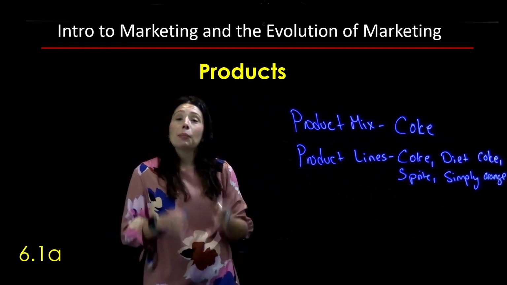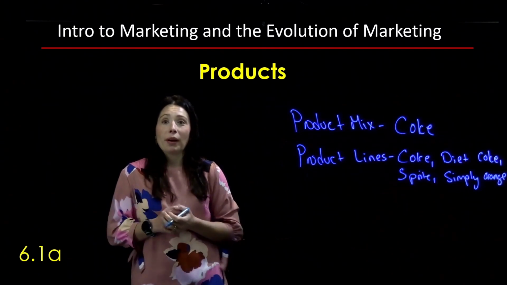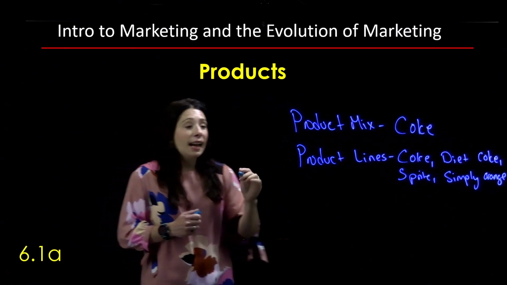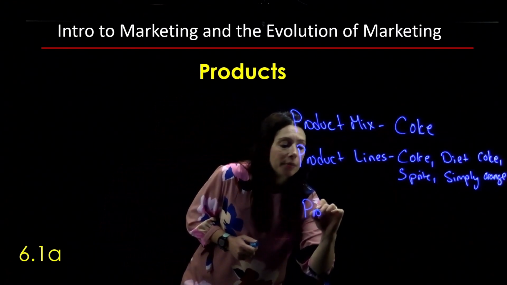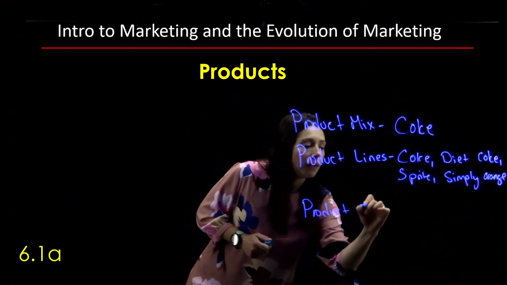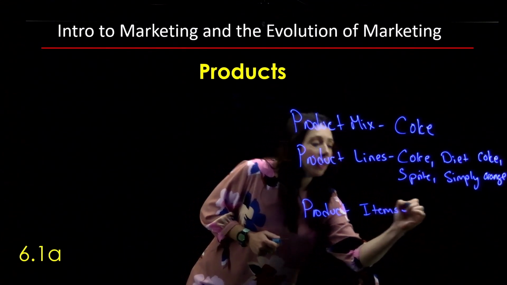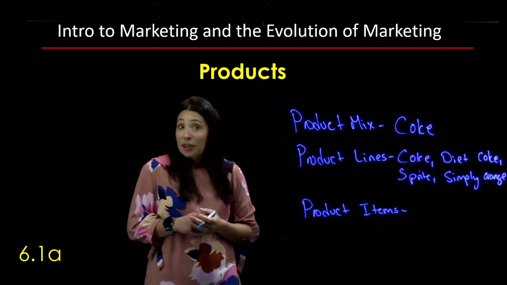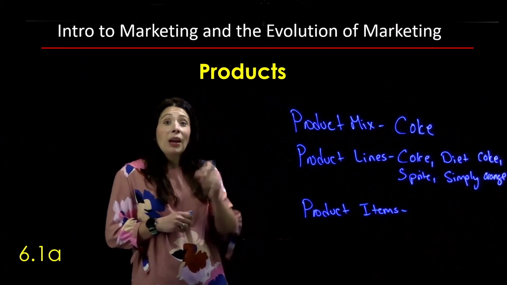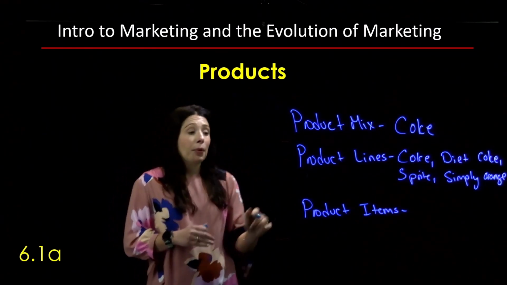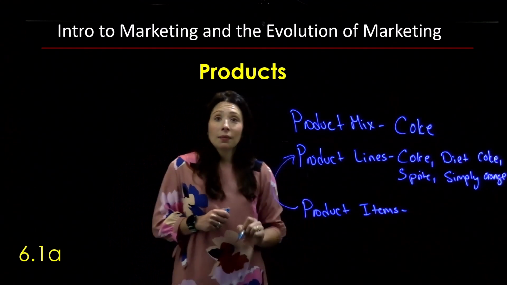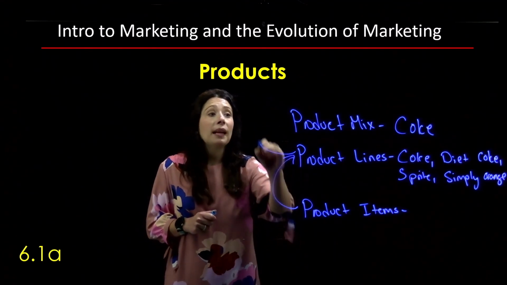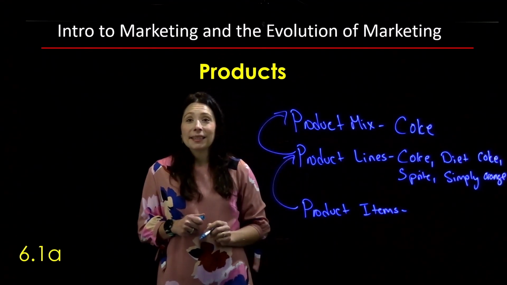Each of these is a separate product line within the overall product mix. And lastly, we have product items. An example of a product item would be Coke, Cherry Coke, Coke Zero, single items that comprise a product line, and product lines make up the overall product mix.